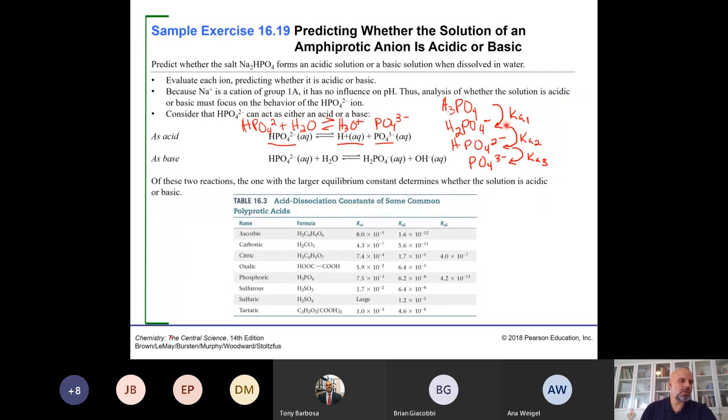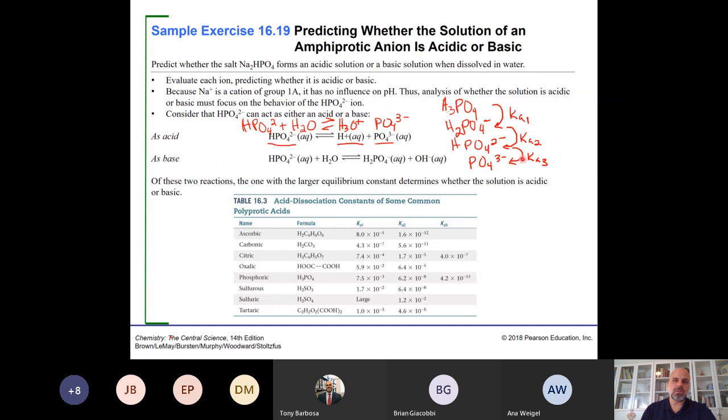Okay, so since we're only dissolving one ion, we're not going to be looking at the PO4 3 minus. PO4 3 minus is going to be formed in solution. All we're interested in determining, whether it's an acid or a base, is how it acts.